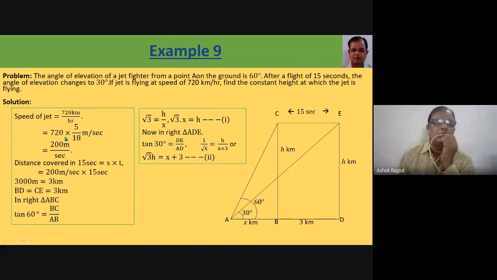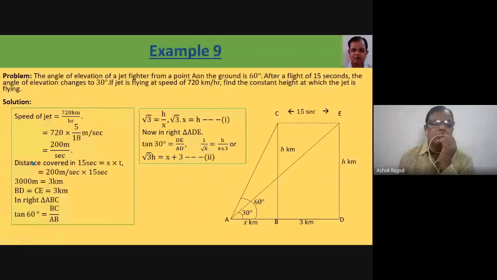So first we convert into meter per second. So we have multiplied it by 5 by 18 because 1 kilometer per hour is equal to 5 by 18 meter per second. So we can simplify, 18 4s are 72. So when we multiply 40 into 5 it will be 200.